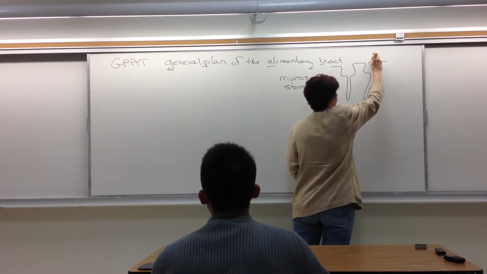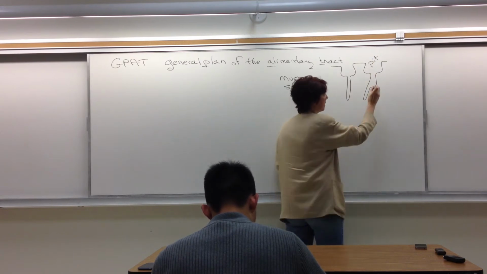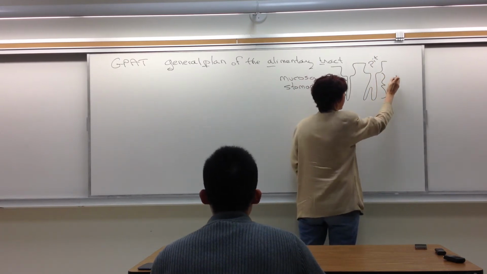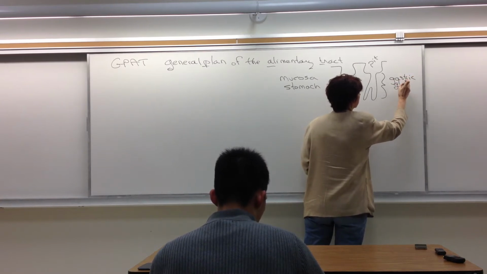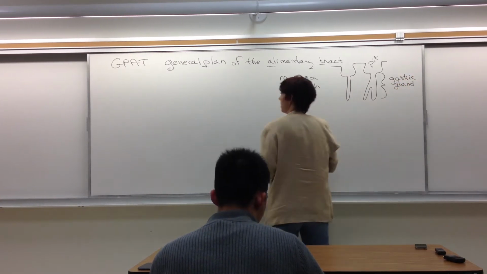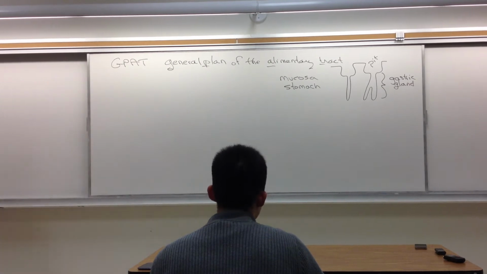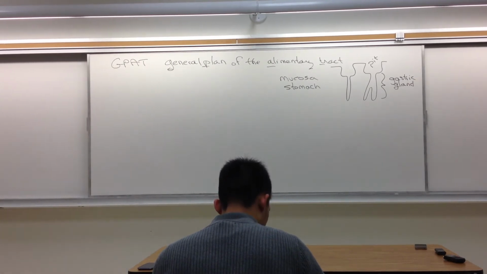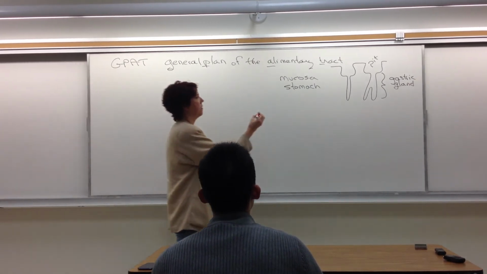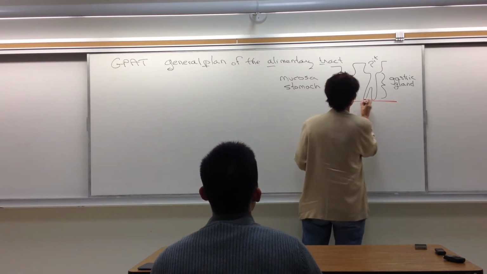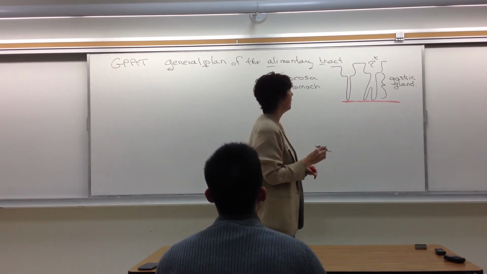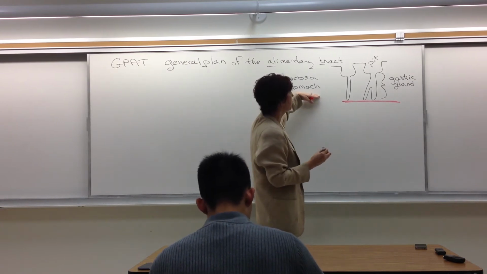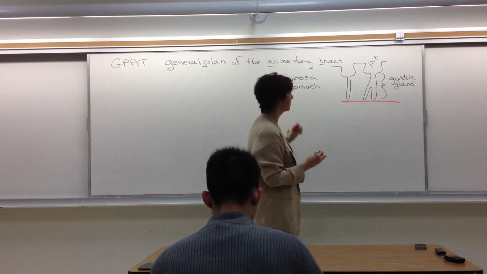So this is identified as a gastric pit, and this is identified as a gastric gland. And like our standard pattern, these glands extend down to the bottom layer, and we have our muscularis mucosa. Okay? So that would be the mucosal pattern for the stomach.